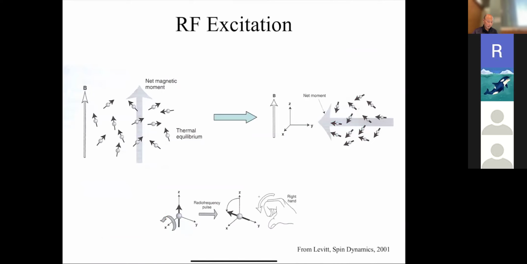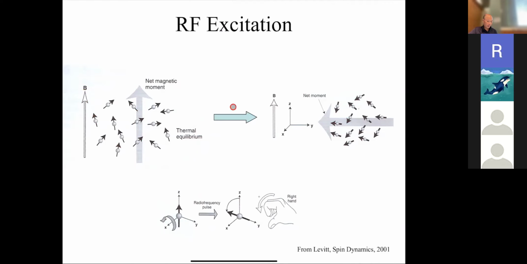Okay. So RF excitation. The first thing we're going to talk about is why we need RF excitation and how we do it. The main idea is we said we're going to have a net magnetic moment aligned with the B field.